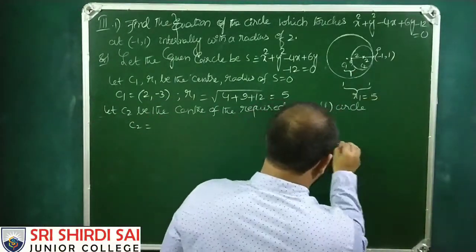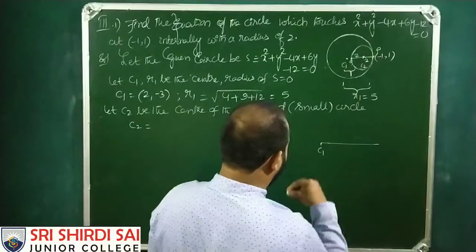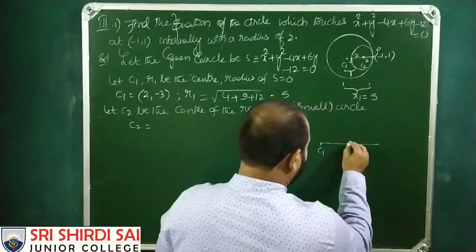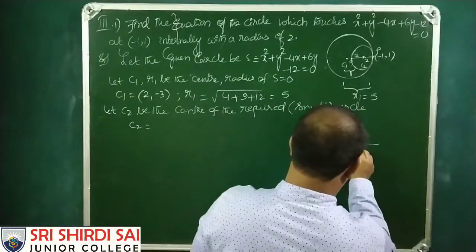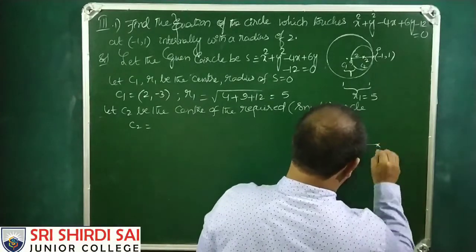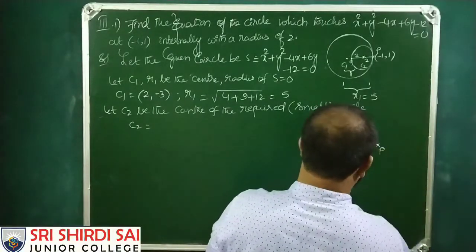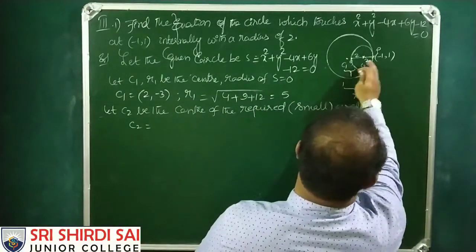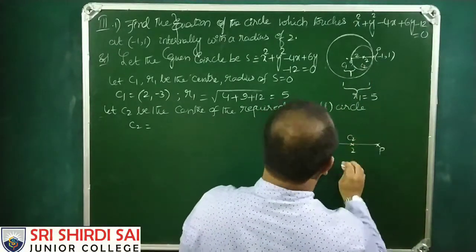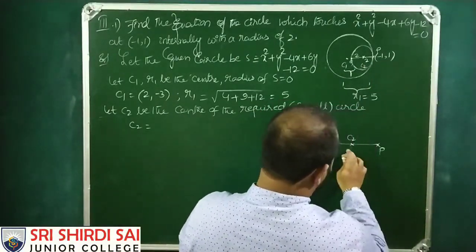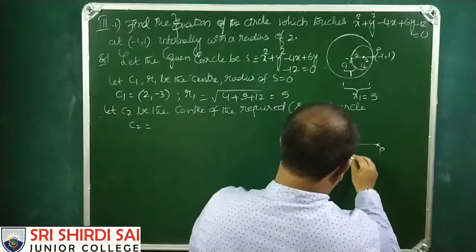Listen here, the diagram is something like this. This is C1, this is P, and this is C2.